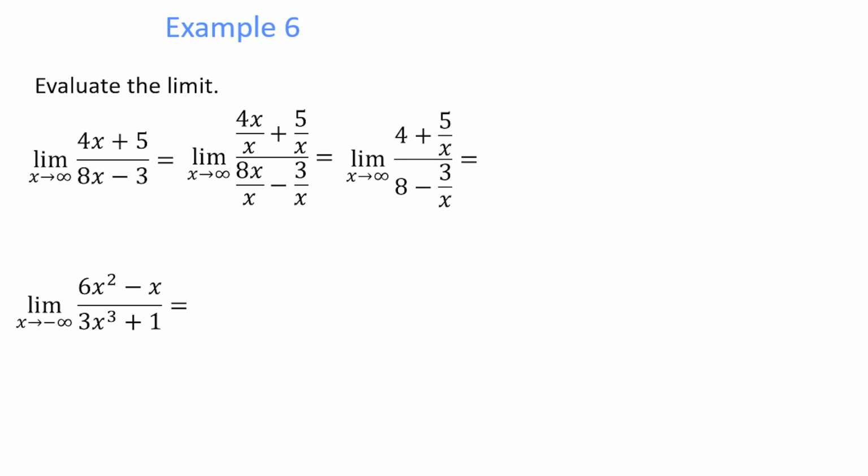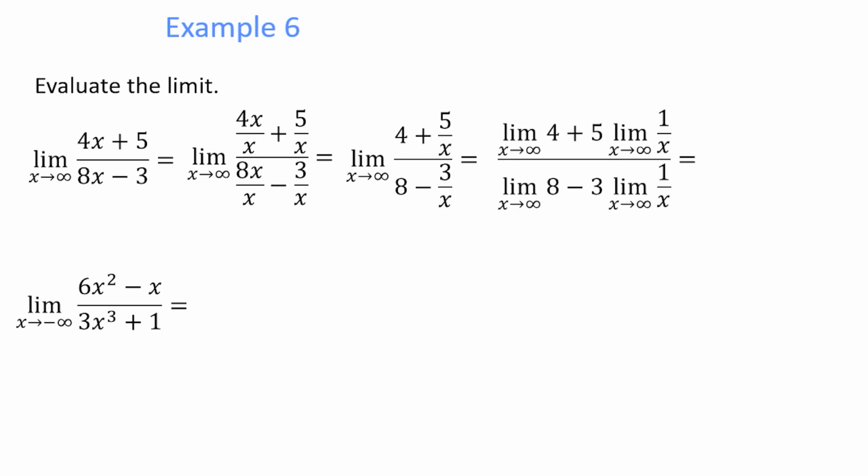So I will get this. I will have simple reciprocal functions here. And now I'm going to use the properties of limits. Here we go, the sum and difference property, and also the scalar multiple property for both of these reciprocal functions.